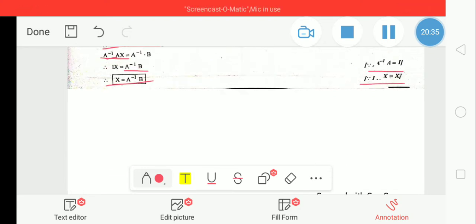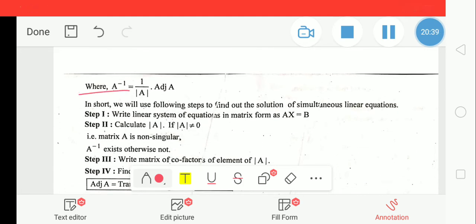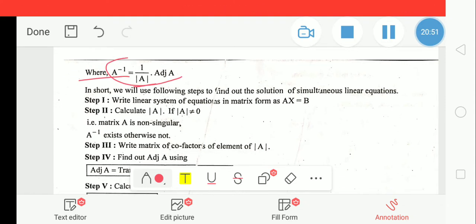So A inverse, we know that A inverse means 1 divided by mod of A multiplied by adjoint of A. We know how to find A inverse, so the same: calculate mod of A. If mod of A is not equal to 0, then A inverse exists, otherwise not.